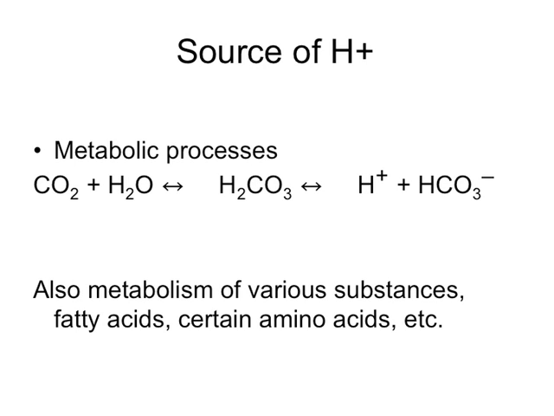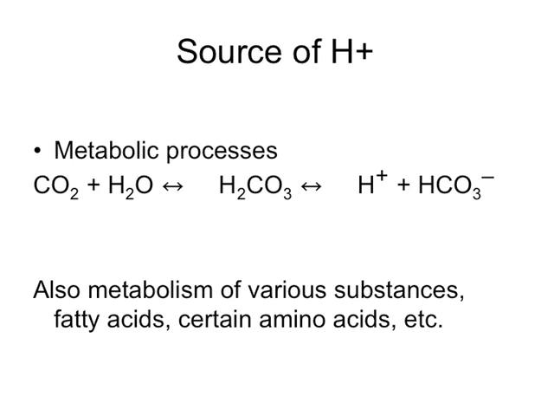So where does this acid come from, this acid that we're so interested in controlling? Well, it turns out that we make acid in our bodies all the time. So our metabolic processes, as you see here, when water combines with carbon dioxide to make carbonic acid, the net result of that is the formation of a hydrogen ion, and a hydrogen ion is indeed the acid in the body. So also metabolism of various substances, fatty acids are acids, certain amino acids are acidic, and so on and so forth.